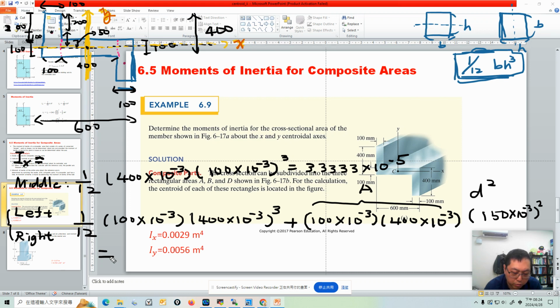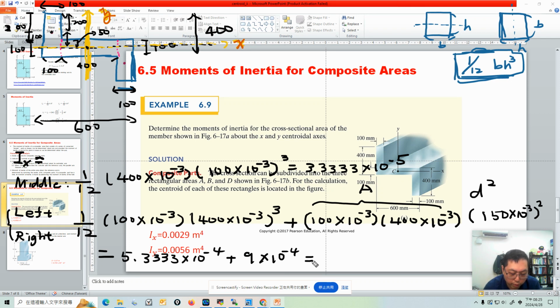It's 100 times 10 to the power minus 3 times 400 cubed, divided by 12, so it's 5.3333 times 10 to the power minus 4, plus A D squared: 100 times 10 to the power minus 3 times 400 times 10 to the power minus 3, times D squared, 150 times 10 to the power minus 3 squared, so 9 times 10 to the power minus 10.